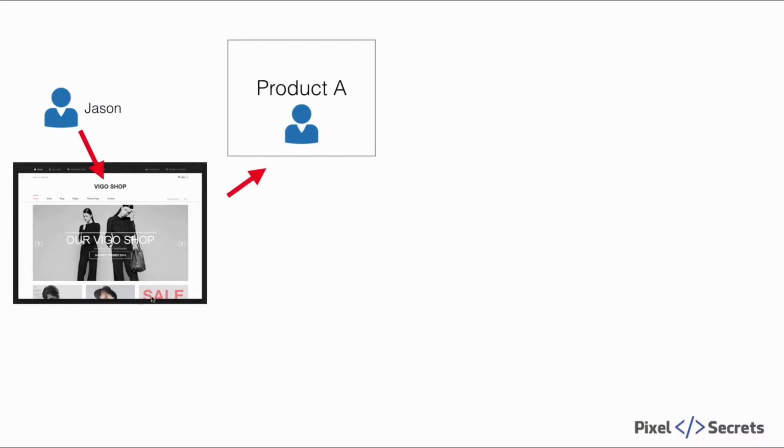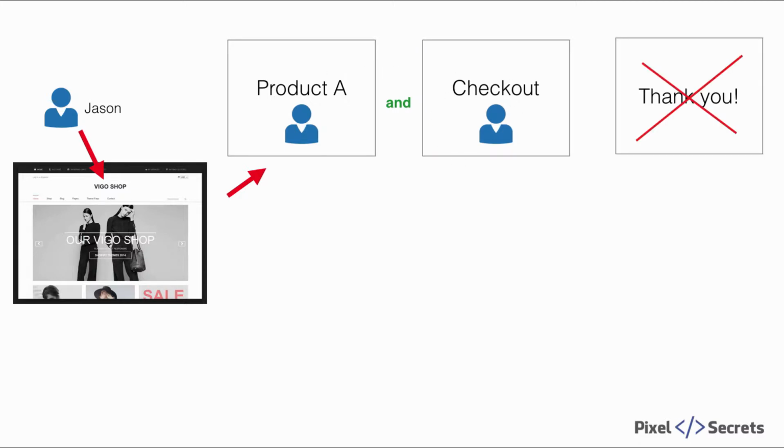Now, how this all works is, let's say I come to your fashion store and I visit product A. It could be anything, a t-shirt, jeans, whatever, just one of your products. And then let's say I go to your checkout, but I don't complete the order. I don't confirm the order.